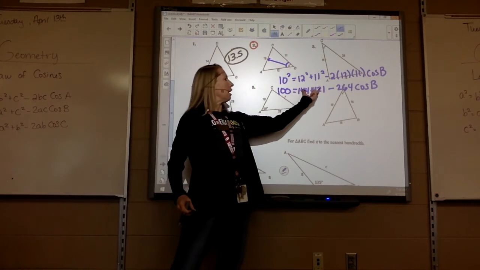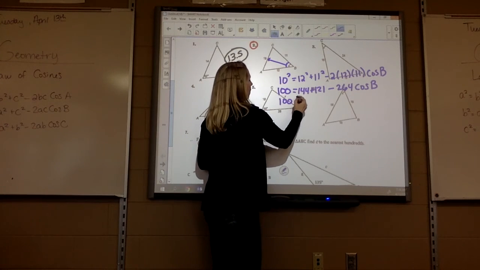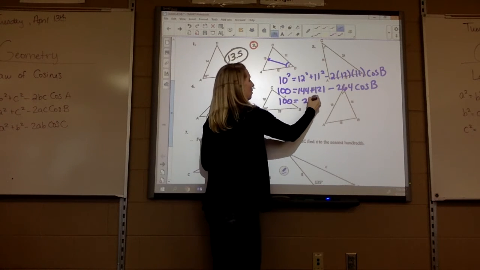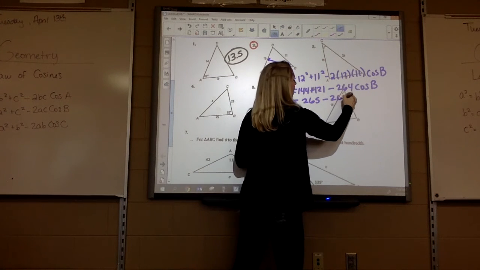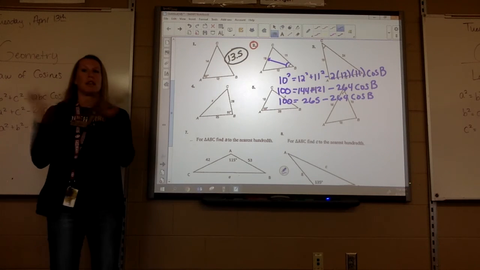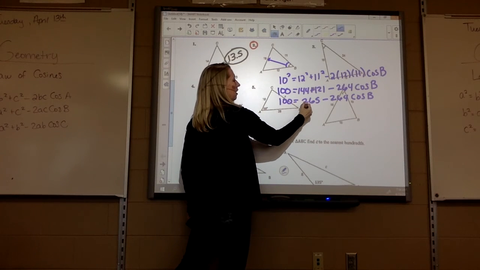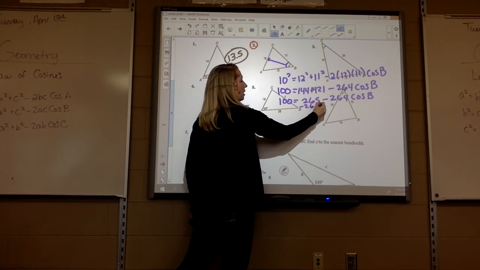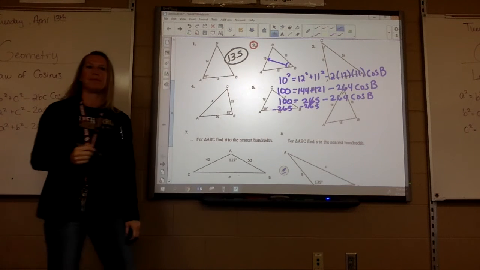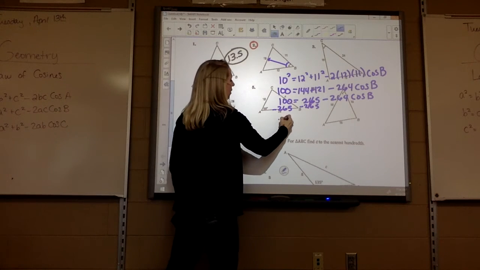Well, I can combine 144 and 121. That would be 265, minus 264 cos B. Now I've still got to solve. So I've got to take this 265 and subtract it on both sides. It's feeling like algebra a little bit. What's 100 minus 265?